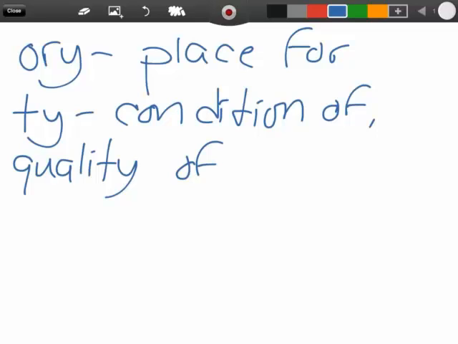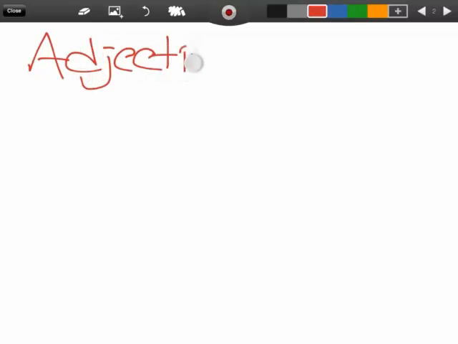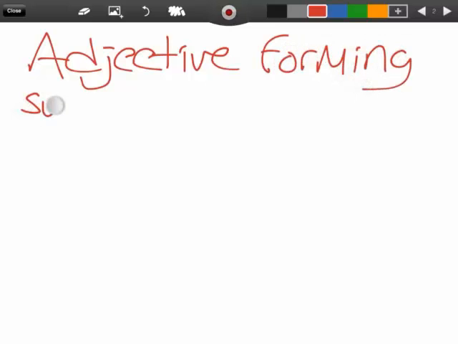And we are done with the noun form suffixes, and now we are moving to the adjective form suffixes. I'm going to go ahead and write this for you: adjective forming suffixes.